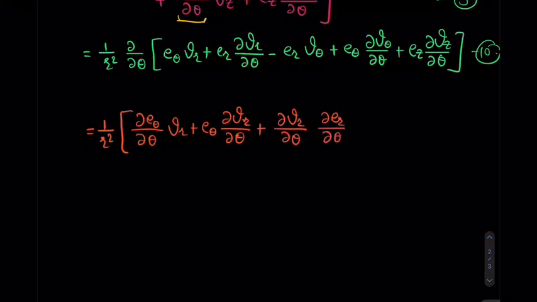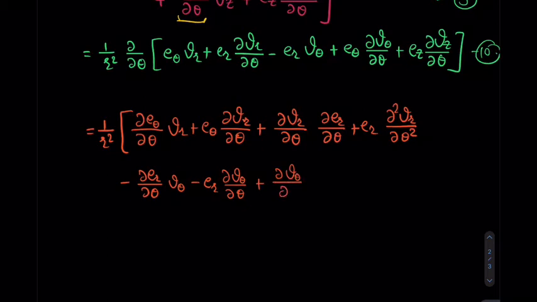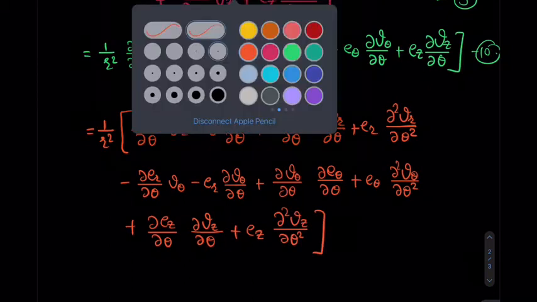Then we have this term der into second derivative of vr, minus der d theta v theta, plus this is also minus er into dv theta d theta, plus dv theta d theta into de theta d theta, plus e theta into second derivative of v theta with respect to theta, plus ez differentiated with respect to theta, similarly velocity, plus second derivative of vz times ez.